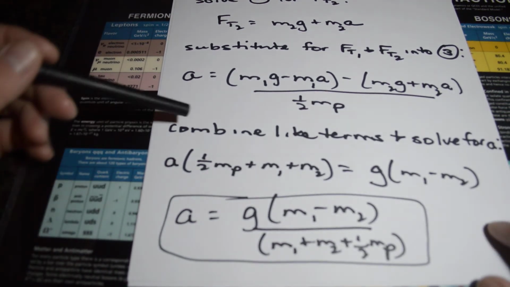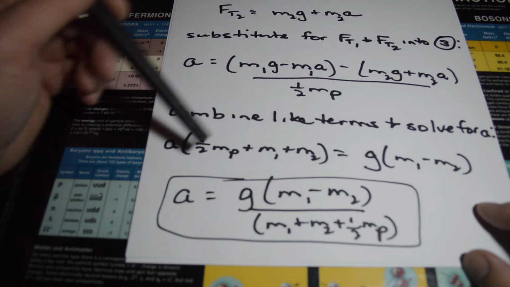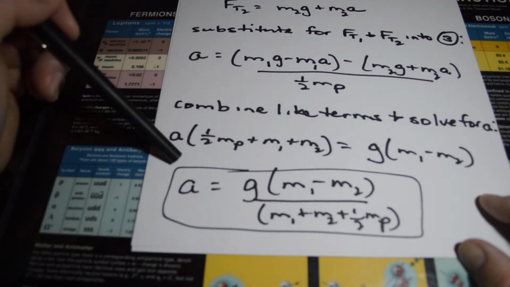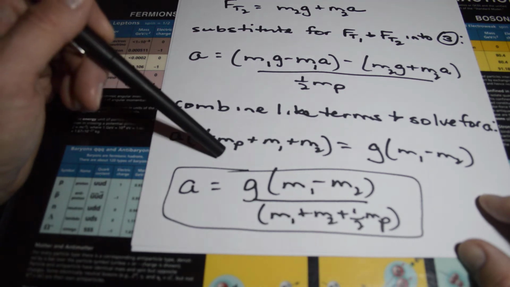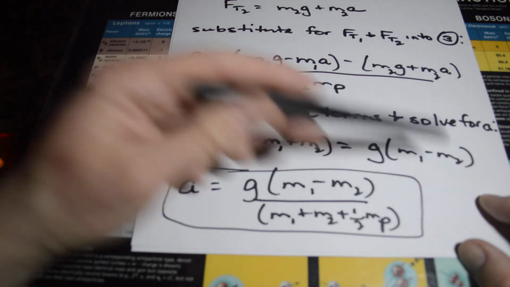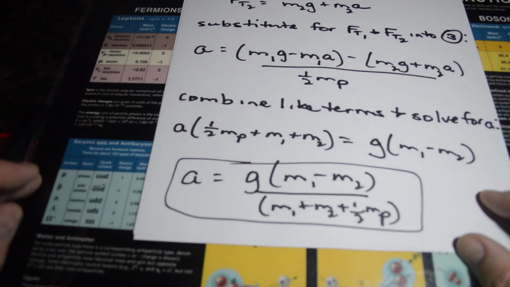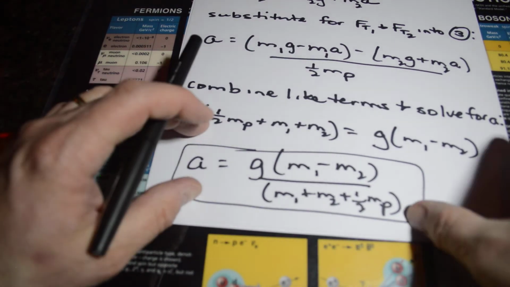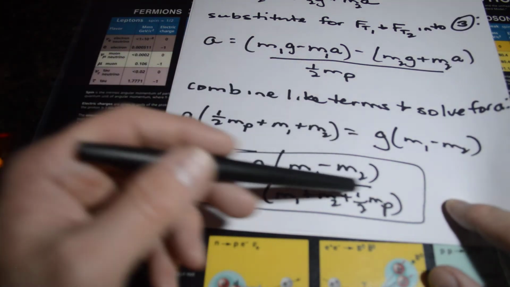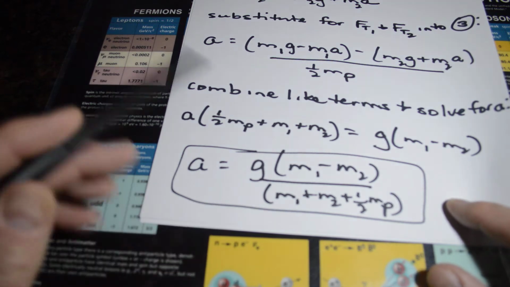So what I'm going to do is combine like terms and solve for A. I've done some factorization. I get A times (1/2 MP plus M1 plus M2) equals G times the difference in the masses. And so the acceleration is one equation that has to do with the acceleration due to gravity and the difference in the mass over the total mass of the system.